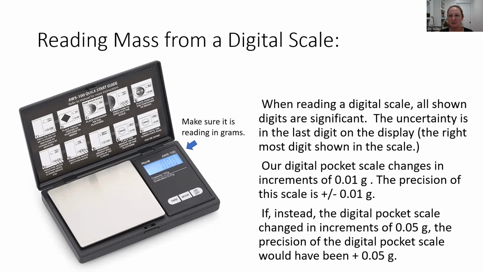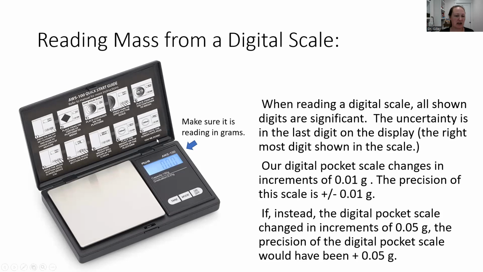where it's like 130 pounds, and then it'll say 0.5, and it will only change every 0.5, right? So maybe it's 130.5, then it might go up to 131, then back to 130.5. So you can see in that case, the uncertainty would be in the 0.5.